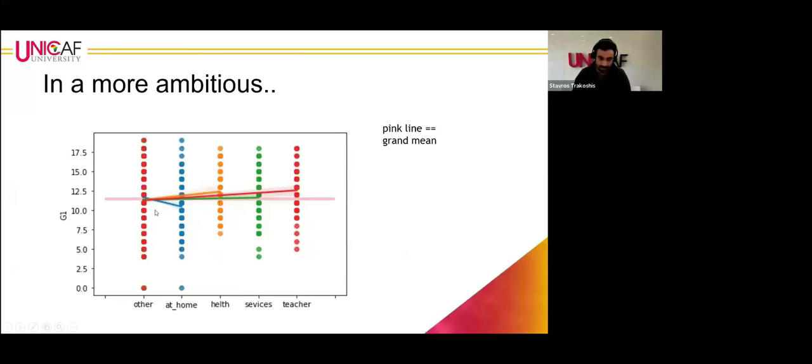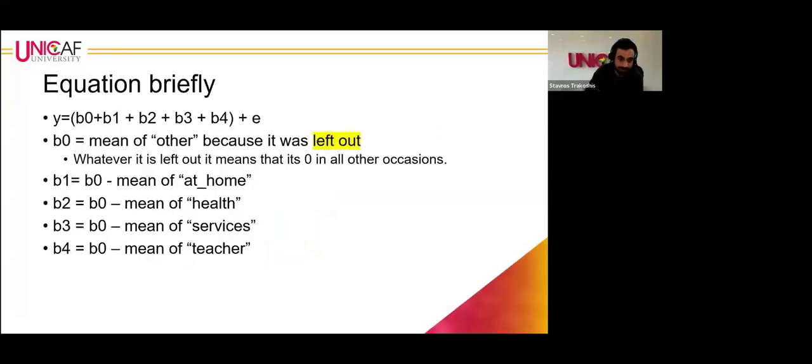If we take into account the mother's job, we see that each group here, each mother's job, has some difference from the pink line, and some difference from the control group mean, which is the mother's other job.